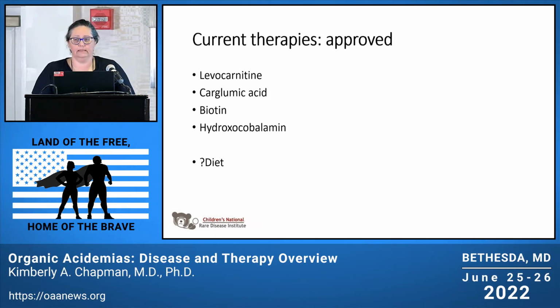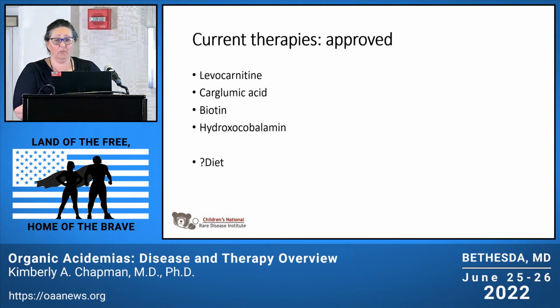So current therapies that are approved for these disorders: carnitine's approved, biotin's approved, hydroxycobalamin's approved. Are people familiar with carglumic acid? Who's familiar with carglumic acid? I know there's a table out there. Yeah, so carglumic acid is also known as Carbaglu. Does that help anybody?